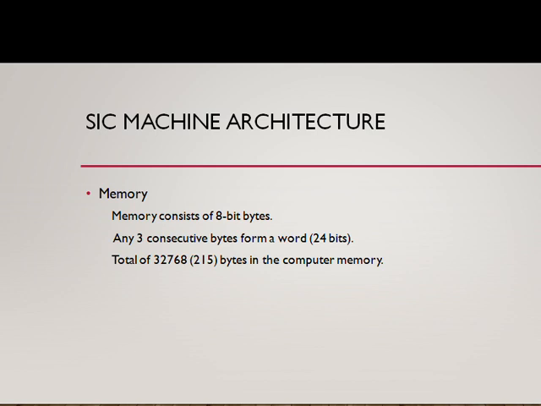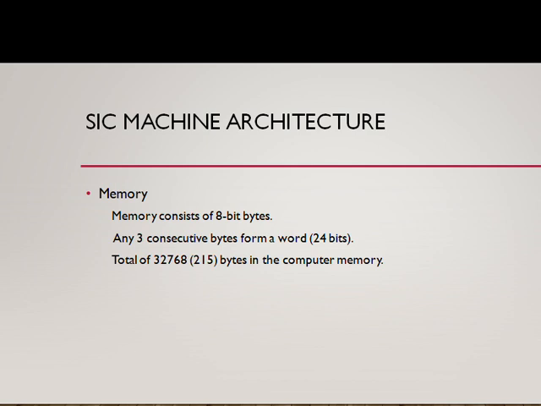First, we will see SIC machine architecture, which is a standard version. It consists of memory, register, data format, instruction format, instruction set, and input-output device. So, memory. Memory consists of 8-bit bytes.